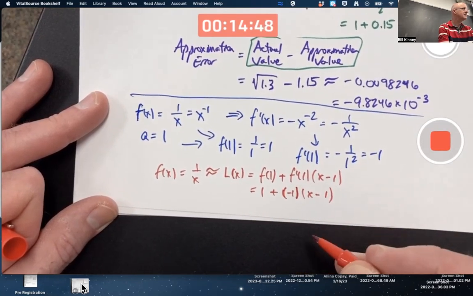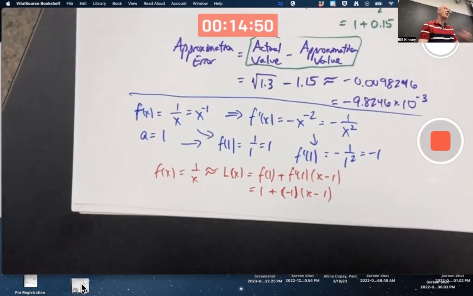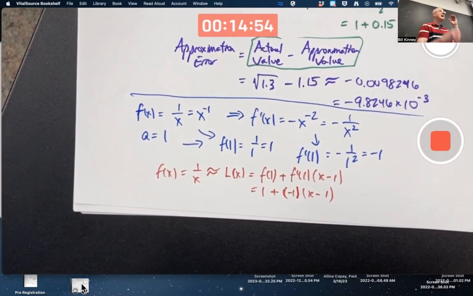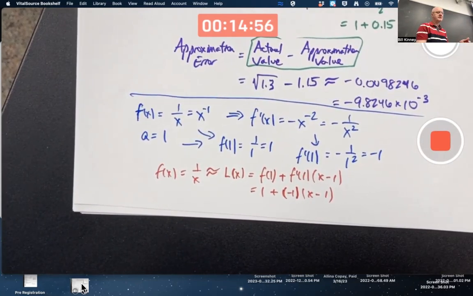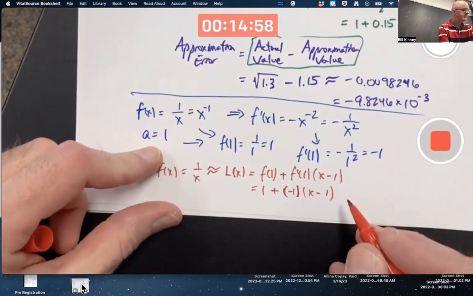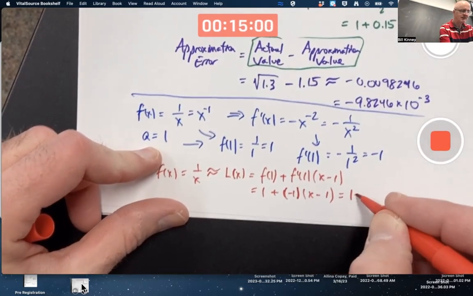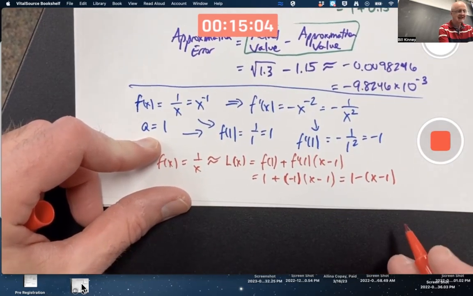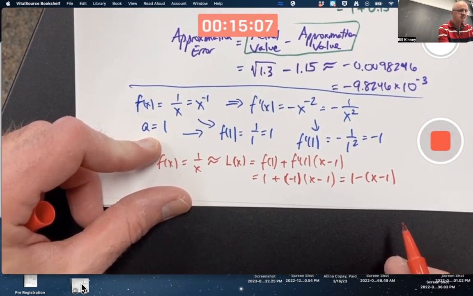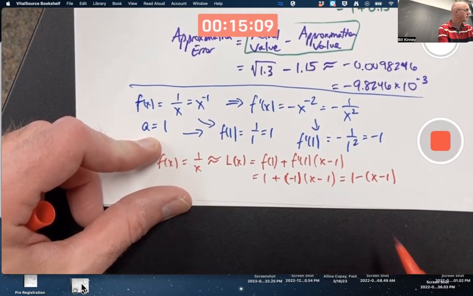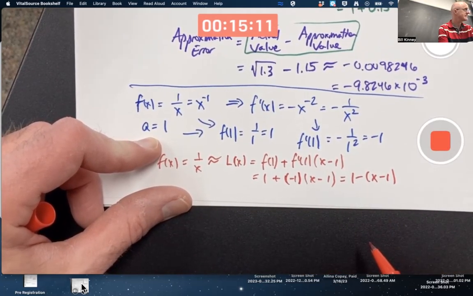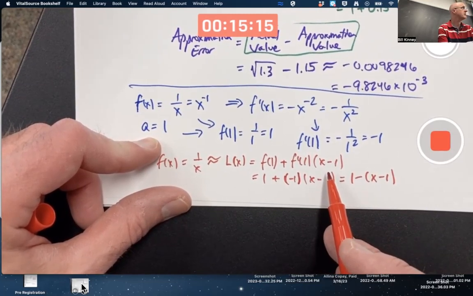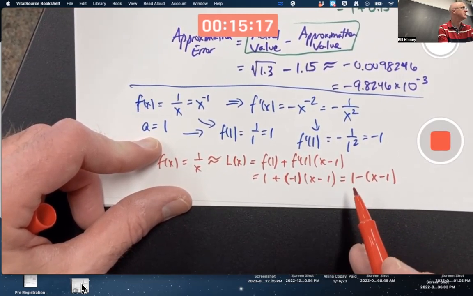Should I distribute the minus 1 through the parentheses? There's not a problem with that. And then I could convert it to slope-intercept form. However, for approximation purposes, it's better to leave it like this, although I'll write it like this now. With this case, it's not really a big deal one way or the other. But in general, it's better to leave it in this form for approximation purposes when x is close to 1, because if x is close to 1, then x minus 1 will be close to 0, and it would be a calculation you can do in your head.